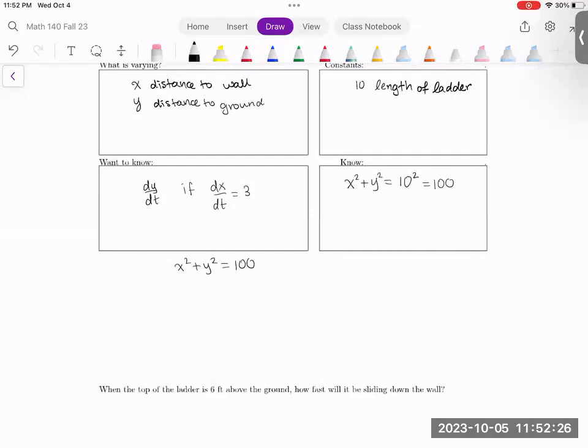Using the chain rule, the derivative of x squared with respect to t is going to be 2x times dx dt. The derivative of y squared with respect to t is 2y dy dt. And the derivative of 100 with respect to t is equal to 0.